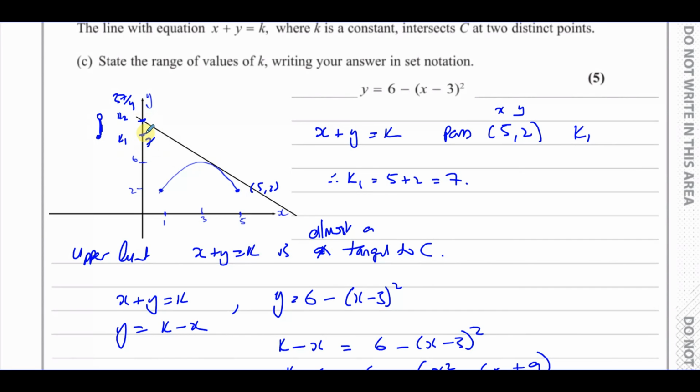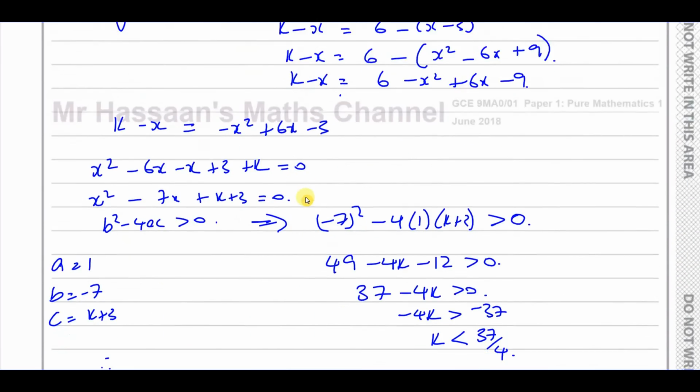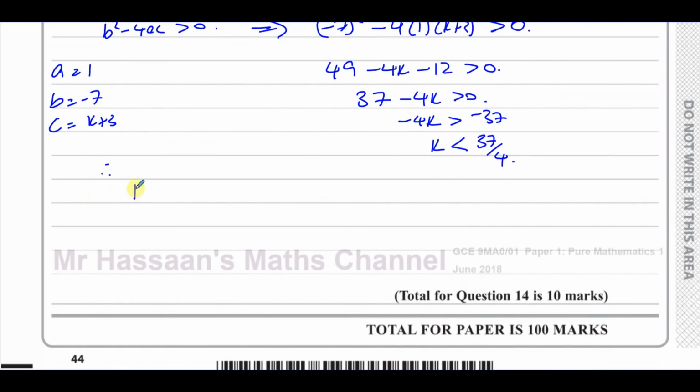So basically the values of k are between 7 and 37 over 4, including 7, but not including 37 over 4. They said in set notation, so k is such that k is between 7, including 7, but less than 37 over 4.